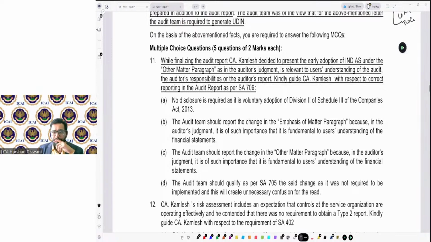Come on, guys. Where will you report this early adoption of Ind AS? And I want it with reason why.